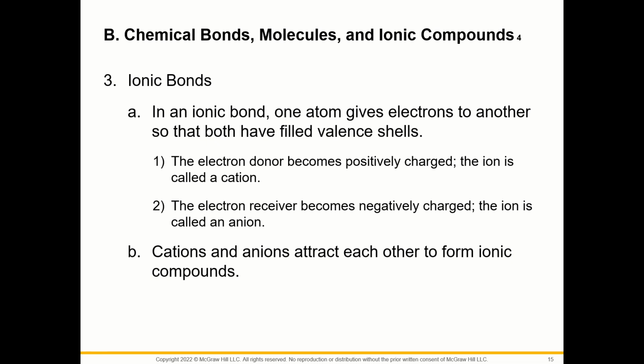The electron receiver becomes negatively charged, and the ion is called an anion. Cations and anions attract each other to form ionic compounds. And as far as I understand, once an ion is formed, it's generally going to stay in its ionic state.